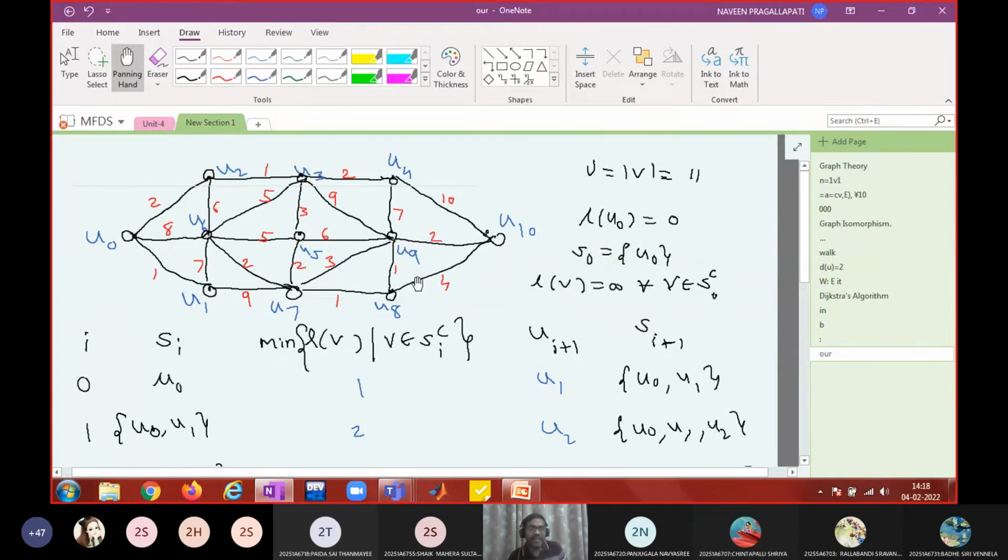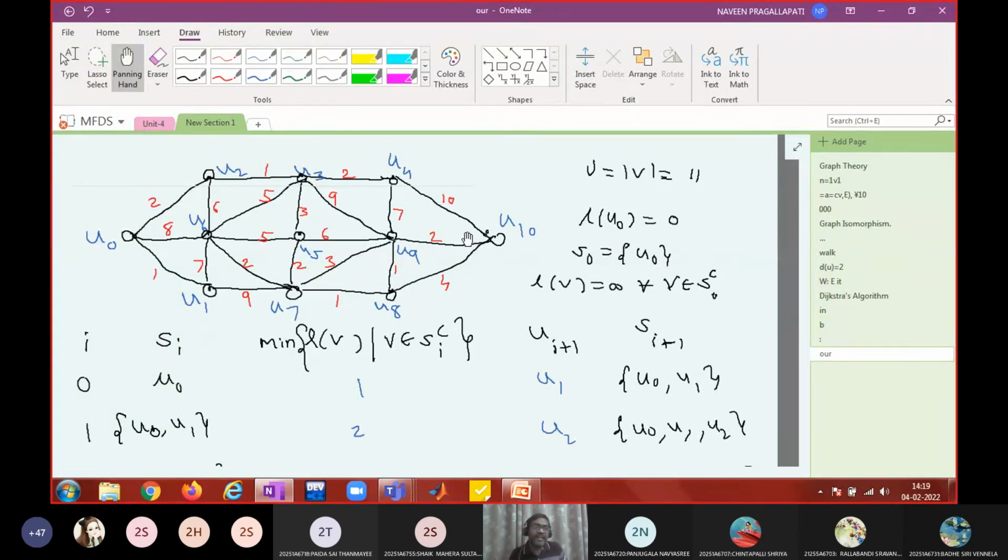Here, virtually you are able to see, that's why you are able to get it. But when you are actually implementing the algorithm, you will be writing a for loop or while loop that will explore each and every node and each and every distance, and in that it is going to calculate the minimum distance.